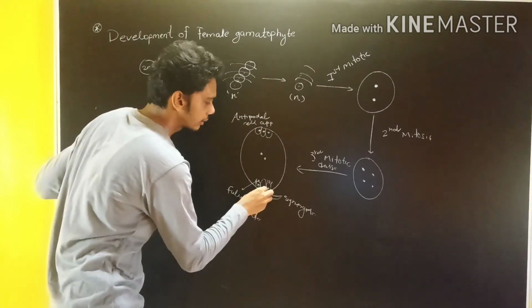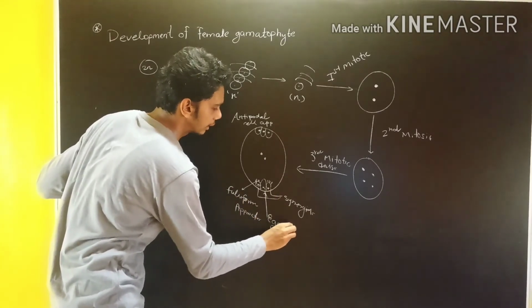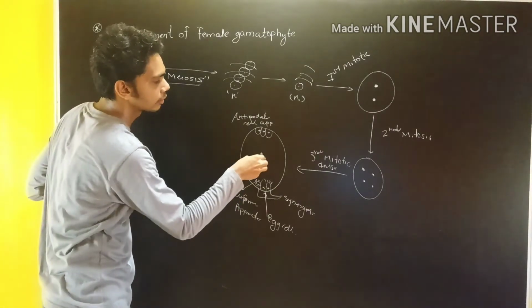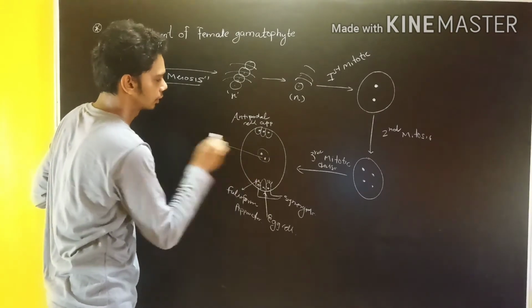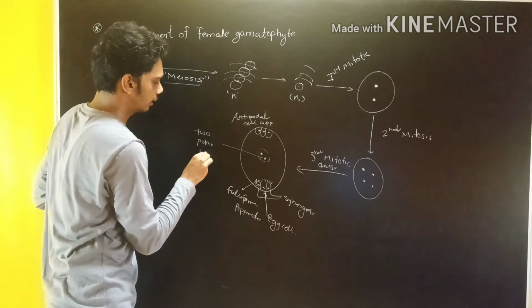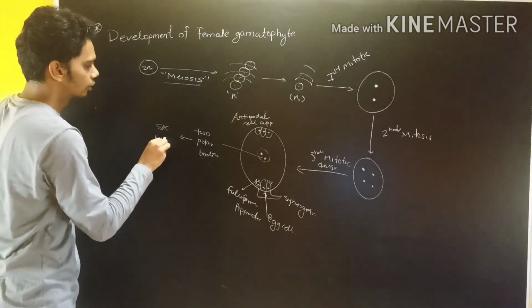The egg cell lies at the center. The 2 polar nuclei at the center form the secondary nucleus.